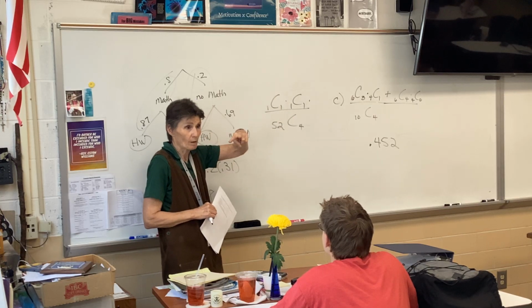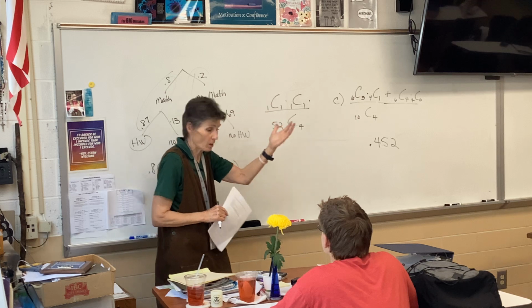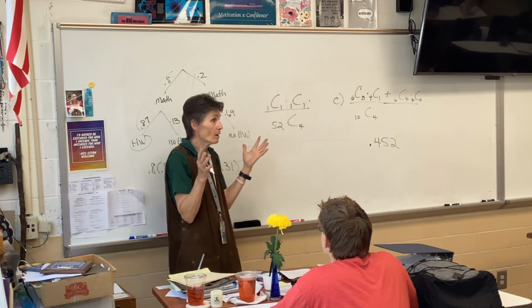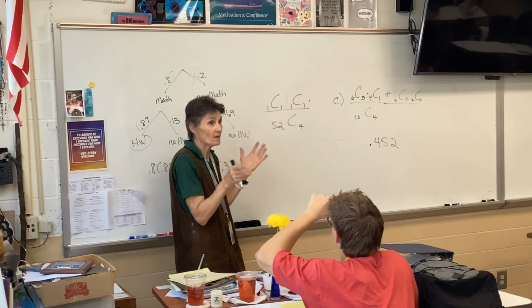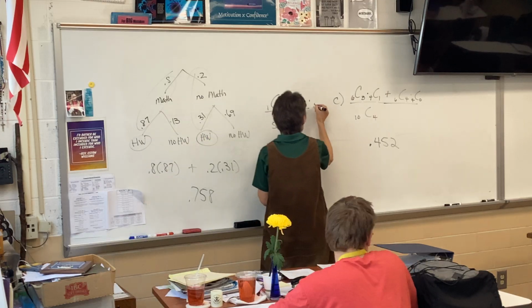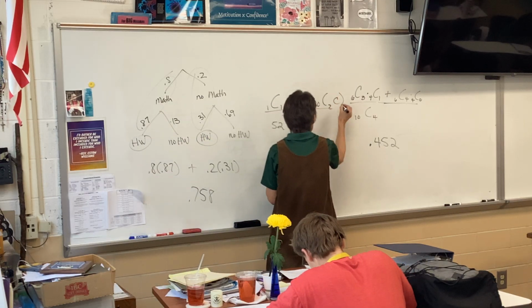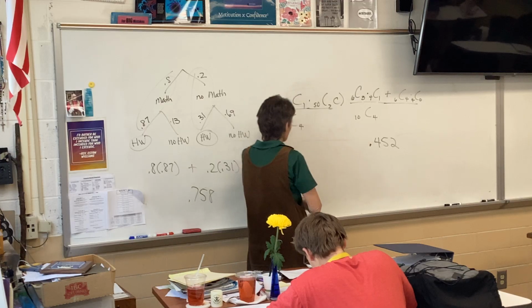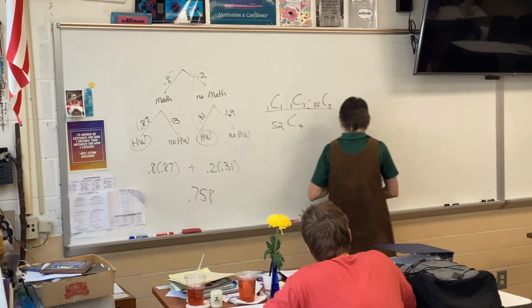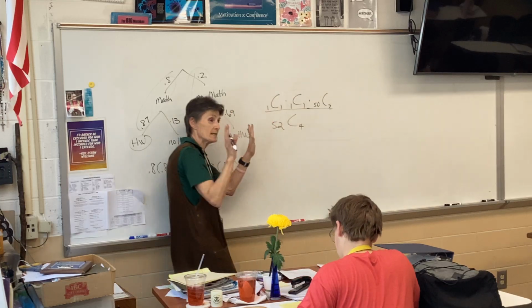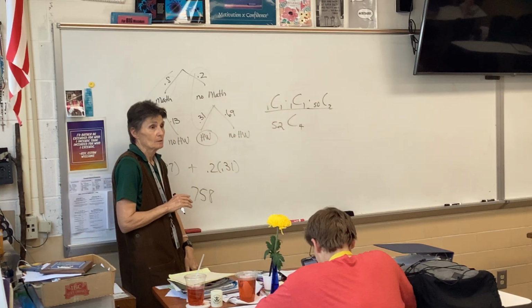I need 2 more. Where are they coming from? Anywhere else? No, not 52. 50. C2. Yep. Why 50? Because I already took the king and queen of spades out. And I can handle any of the other cards.